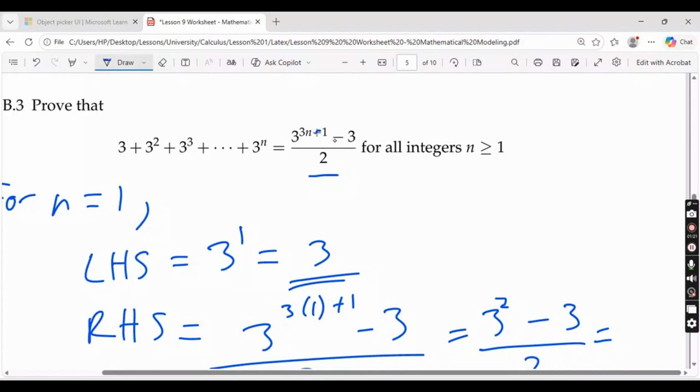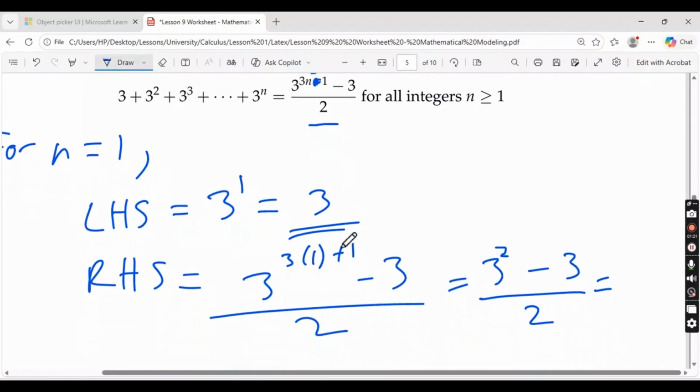I think it makes sense now. It's negative.